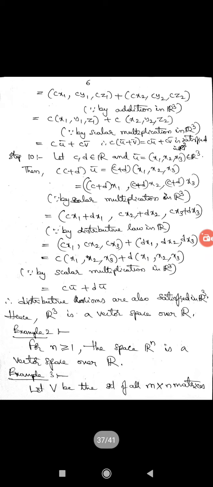Then it is further equal to one vector cx1, cy1, cz1 added to another vector cx2, cy2, cz2, and this we could do by the addition of two vectors in the set R3.